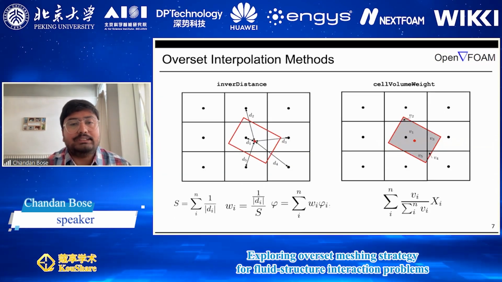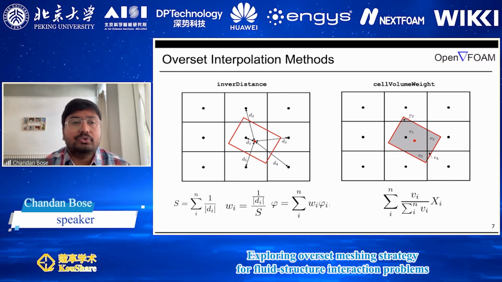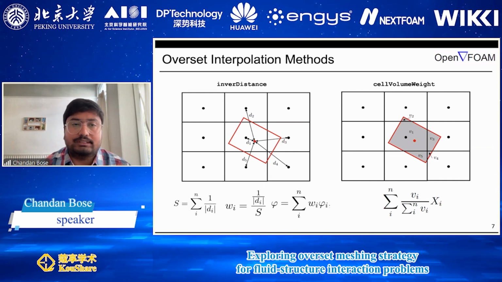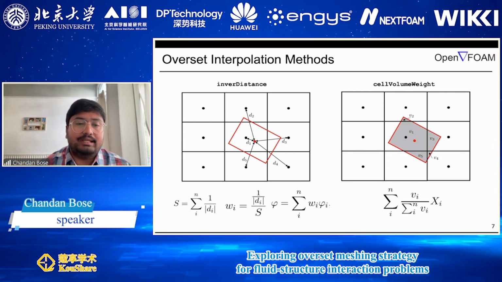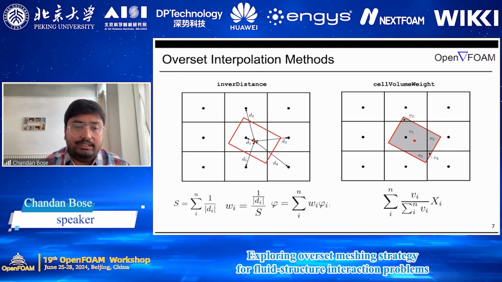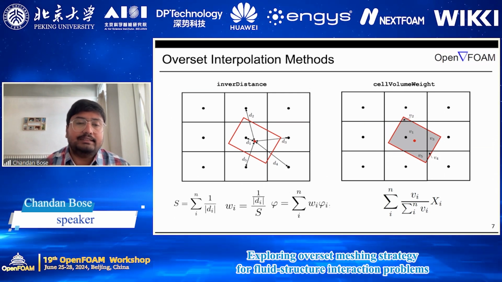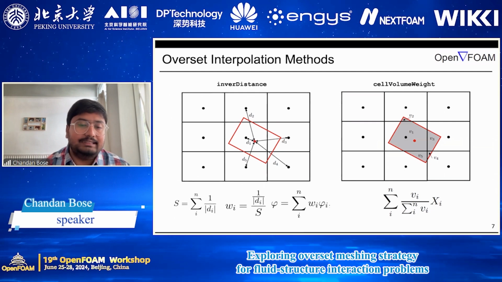Now, coming to these two particularly popular interpolation techniques that are often used in overset cases, one is the inverse distance. As you all know, it depends on the concerned point within the cell and its distance, in an inverse manner, from the neighboring cell centers.